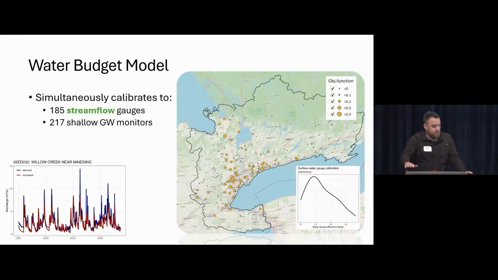What's great about our area is that the model is calibrated across a 40,000 square kilometer area, so we were able to capture close to 200 stream flow gauges.